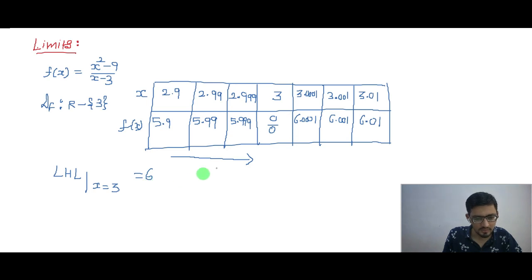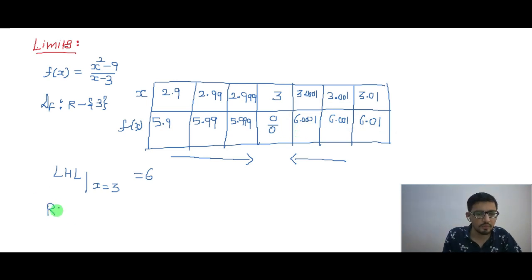Second thing we can understand: if x is approaching 3 from the right side, 3.01, 3.001, 3.0001, then the corresponding f of x is also coming very close to 6.